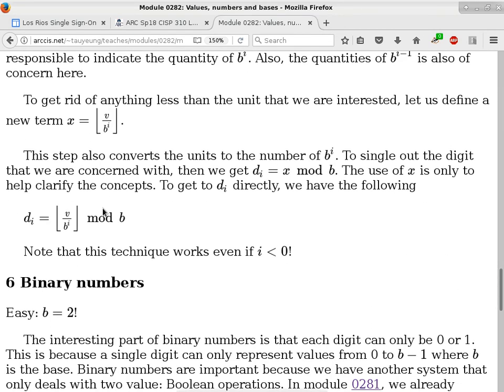If you only care about a particular digit, let's say that digit is d subscript i, and remember, i doesn't start from just anywhere. d subscript 0 corresponds to the number of b to the power of zeros. d subscript i is representing the quantities of b to the power of i. So you got to remember that part. Are we cool with that?